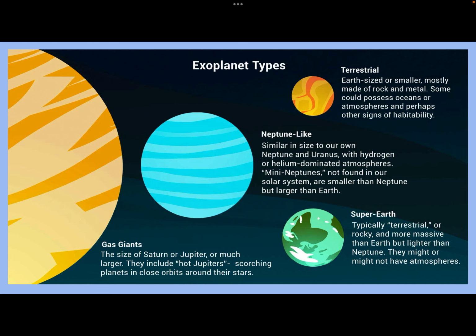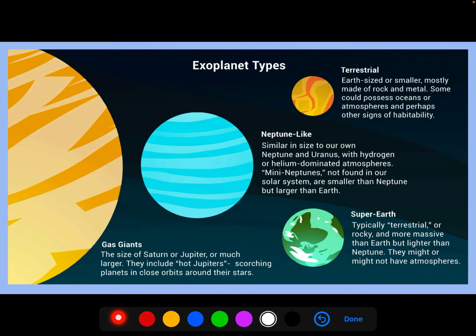Moving on, we've got a couple different exoplanet types. You can see them here. We have gas giants, which are just like our gas giants, size of Saturn or Jupiter, or sometimes much larger. And they have this term here called a hot Jupiter. And in our solar system, like we learned earlier in this unit, the heavier objects, like the rocky planets that we live on, tend to form closer to a star.